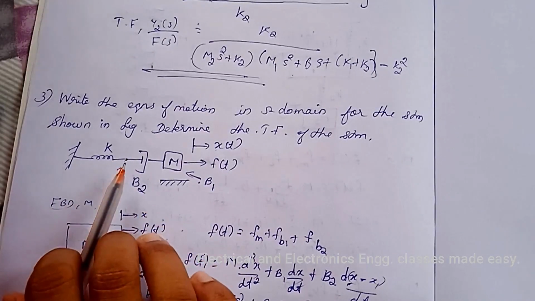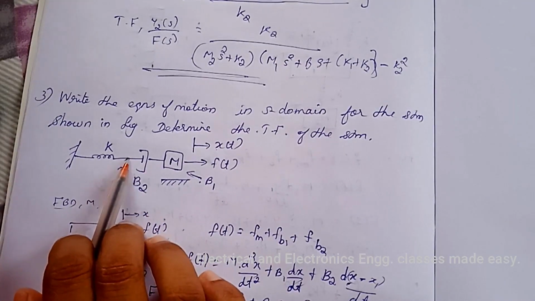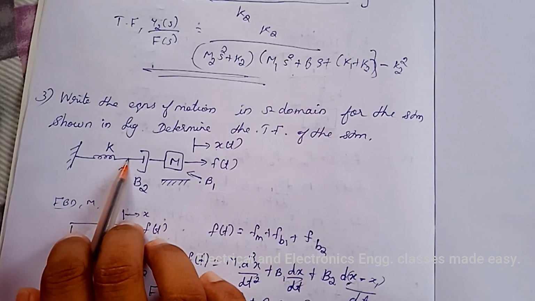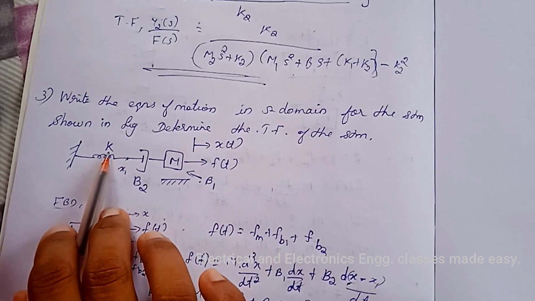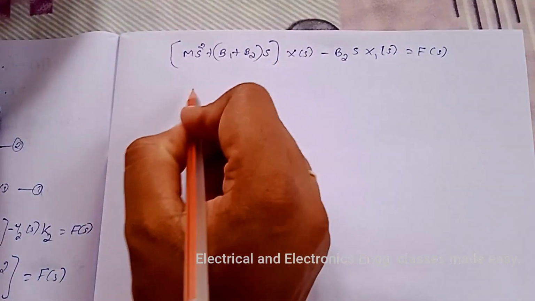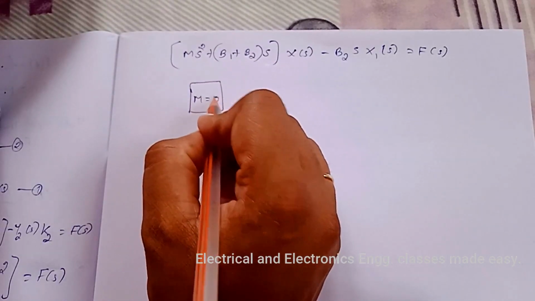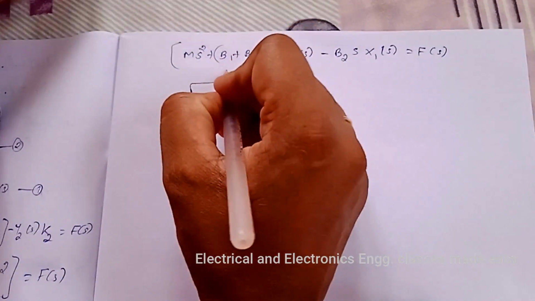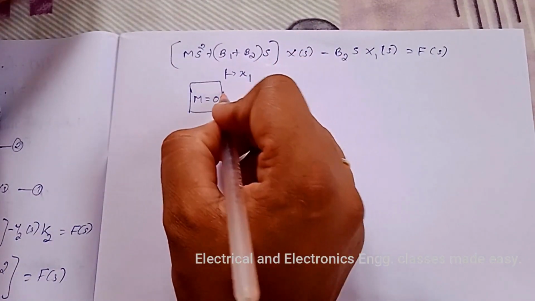Now consider the second node, that is the node at this meeting point. So here only opposing forces are there, Fk and Fb2. That is free body diagram for that one, that is mass is assumed as 0, then displacement is x1.